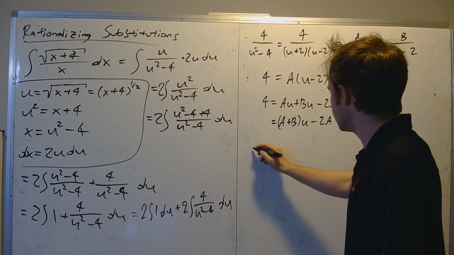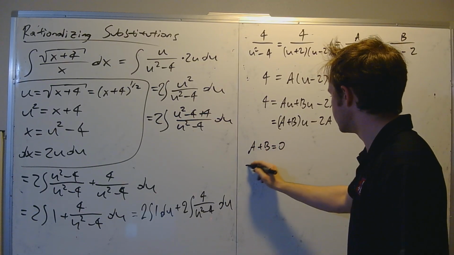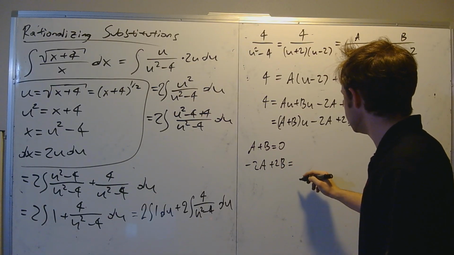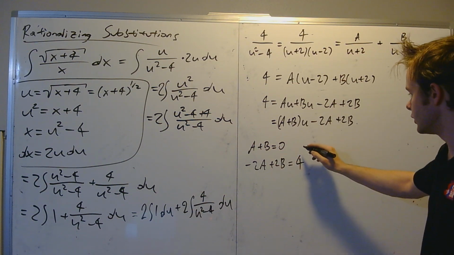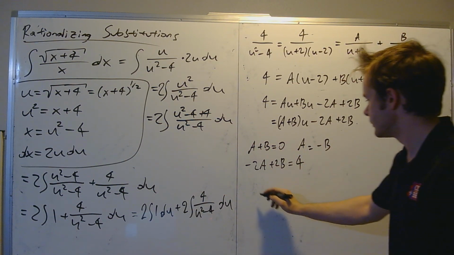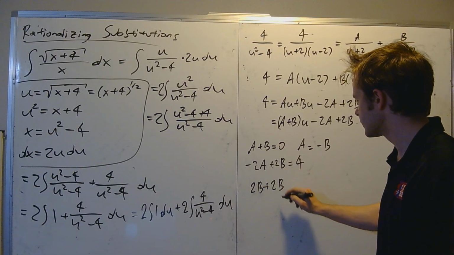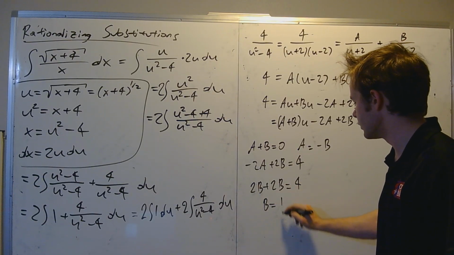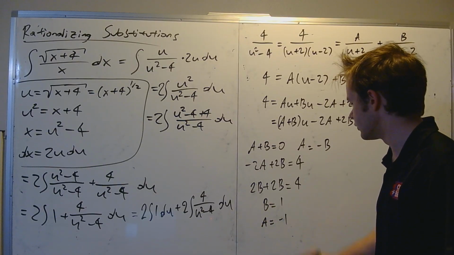We know this part, A plus B, is 0, and this part, minus 2A plus 2B, is going to be equal to 4. So we can solve this for one variable. A is negative B. We plug that in here, so we get 2B plus 2B equals 4. So B is 1. And then if you plug that in here, A is negative 1.